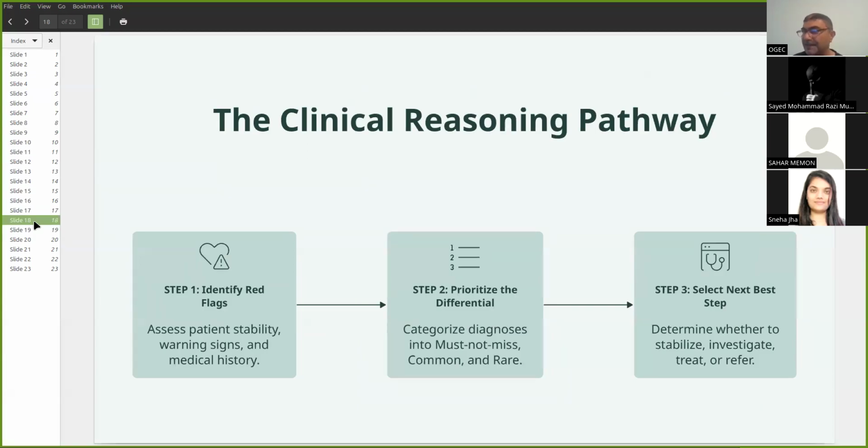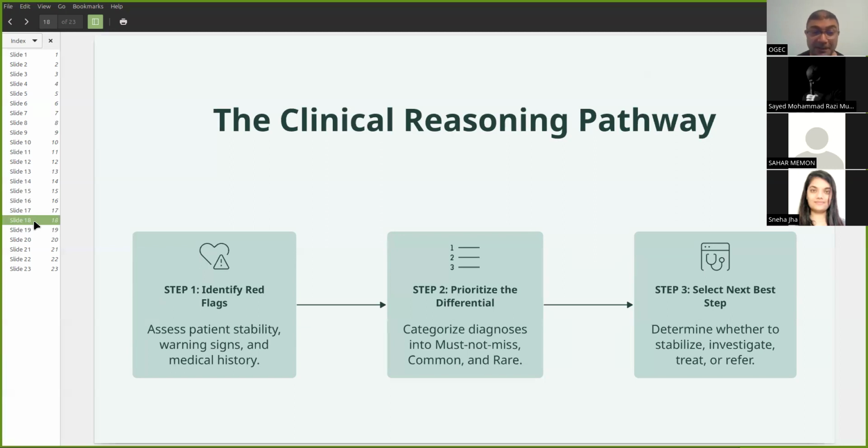So this is the clinical reasoning pathway. It has 3 steps. The first step is identifying the red flags. We have to assess the patient's stability.